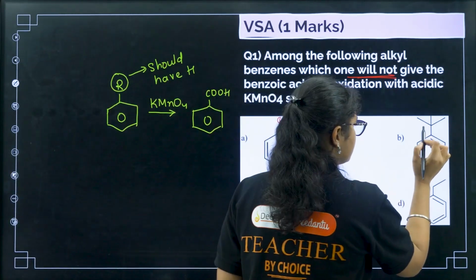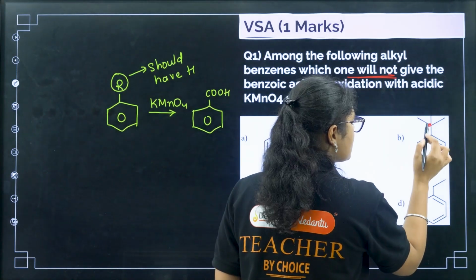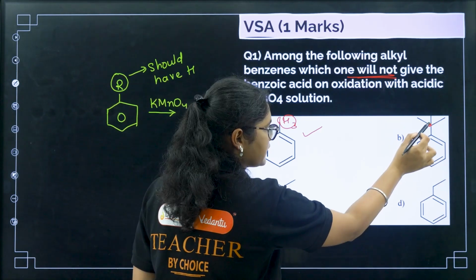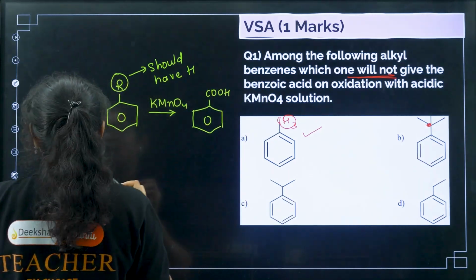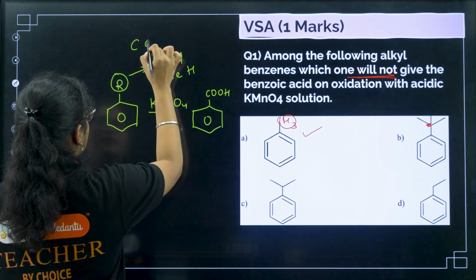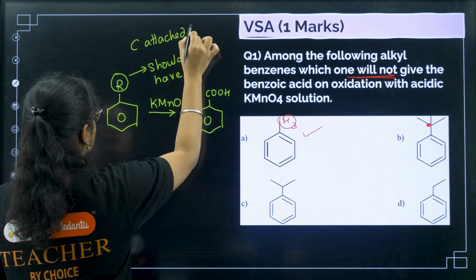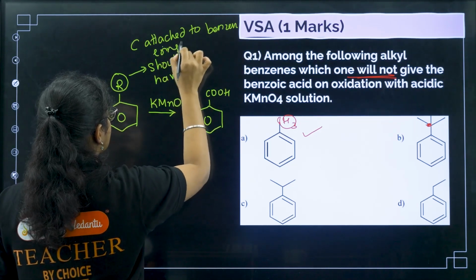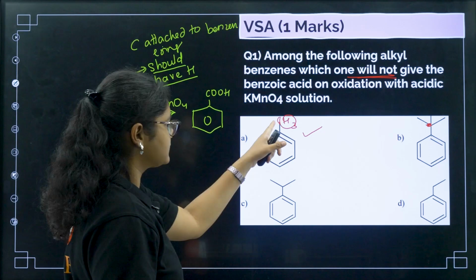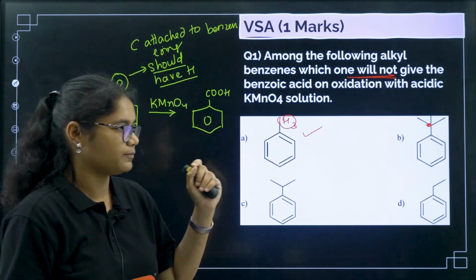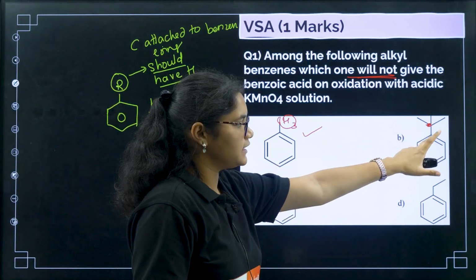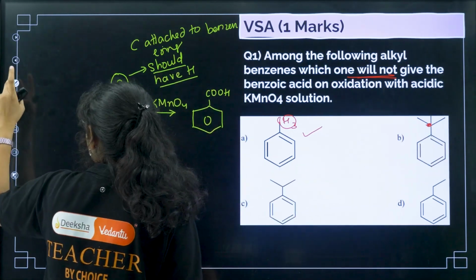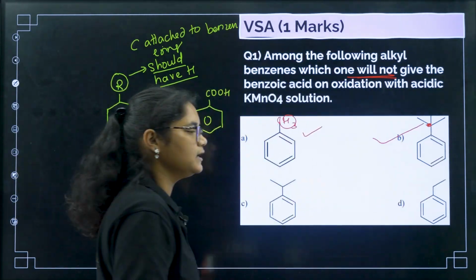The condition is that the carbon attached to the benzene ring should have an H. Here the carbon attached to the benzene ring has 3 hydrogens. But this carbon, which is attached to the benzene ring, doesn't have any hydrogen, so it cannot be oxidized, and the correct answer for this question is option B.